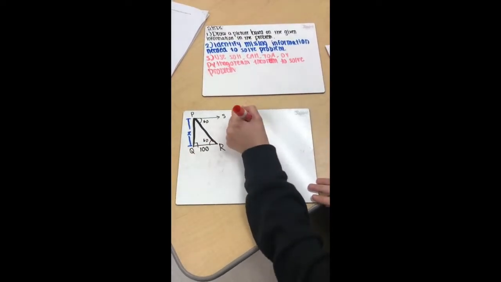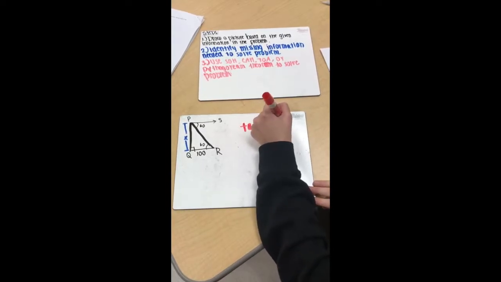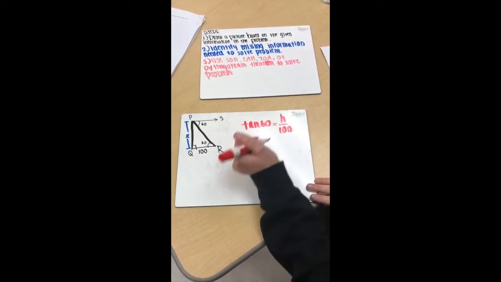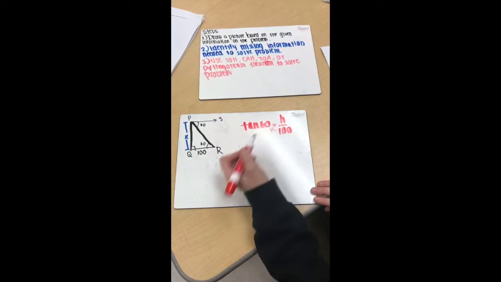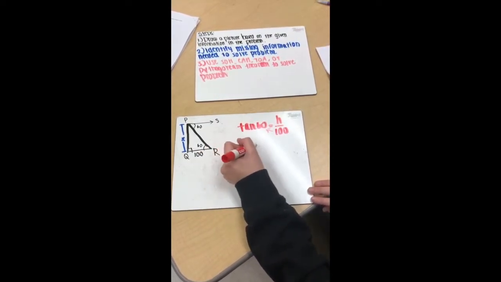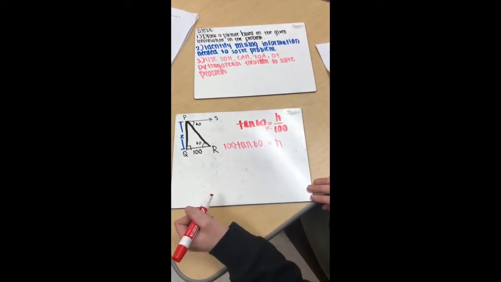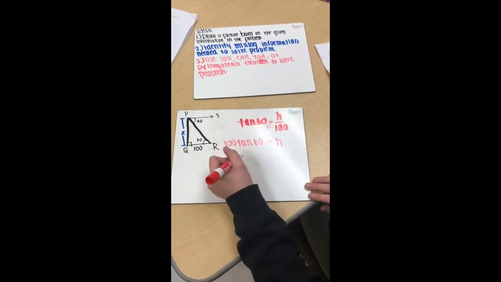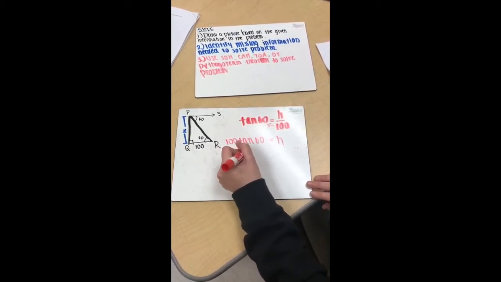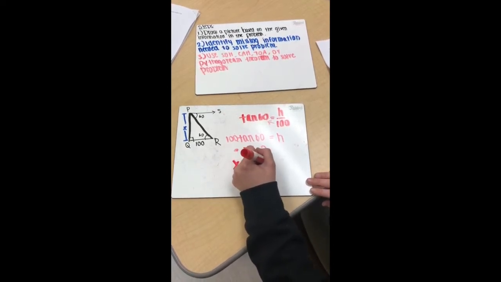So you're going to use tan of 60 equals your height over 100. Cross multiply, it's just going to be 100 tan of 60 equals h. And when you put that in your calculator, it's going to equal 173.2. So your height is 173.2.